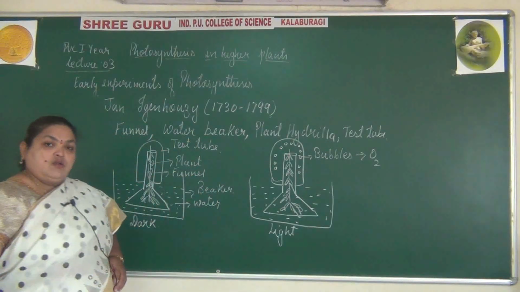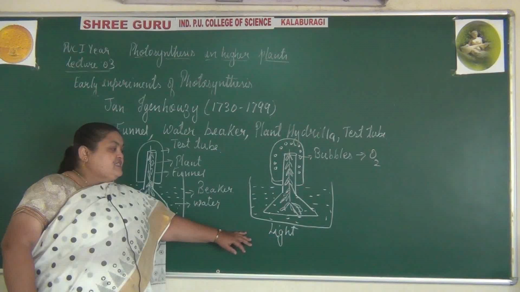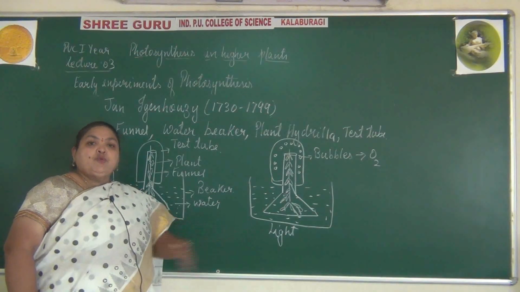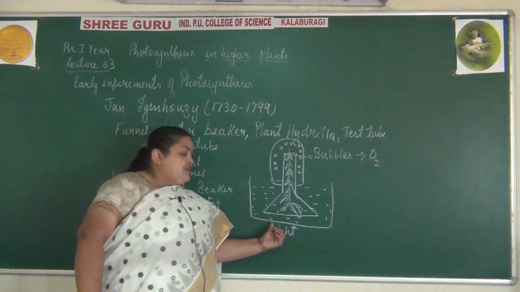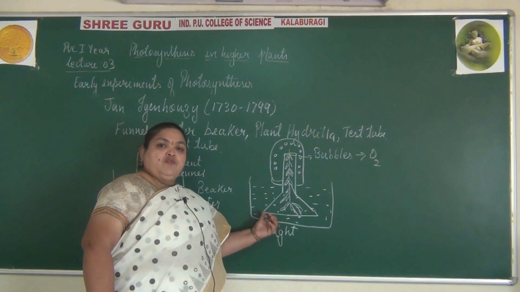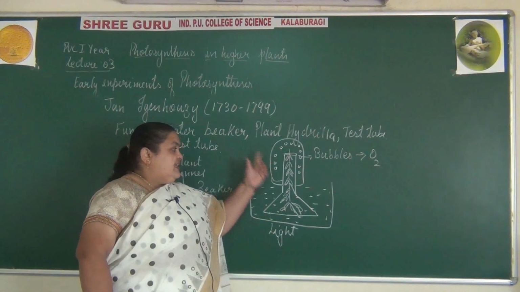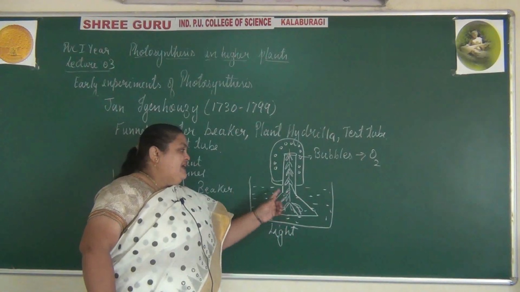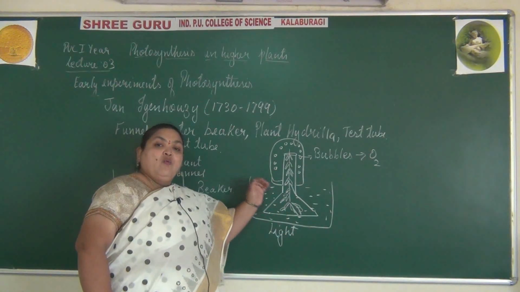It was oxygen. So with this experiment, he said that during the process of photosynthesis, there was water, as the source of water was the trough containing water. There was light. The plant had chlorophyll pigments, with carbon dioxide and water.